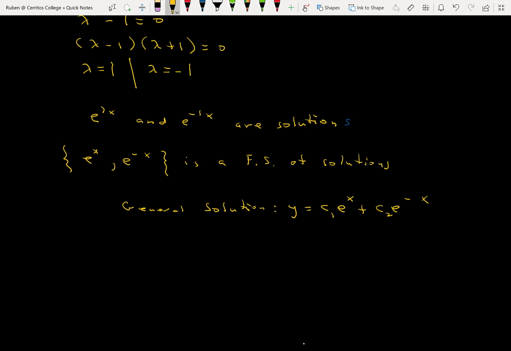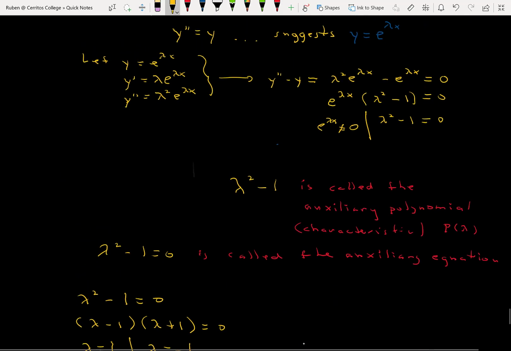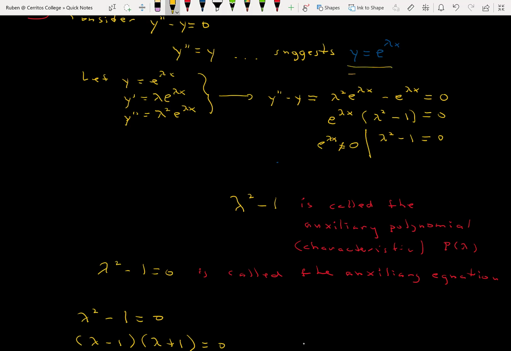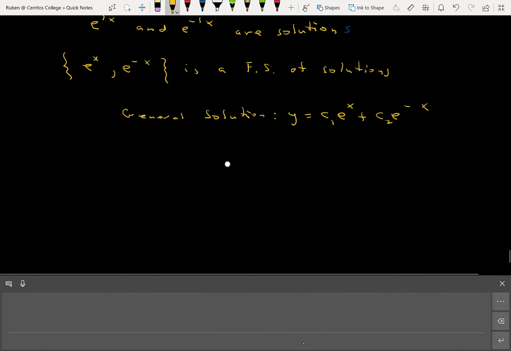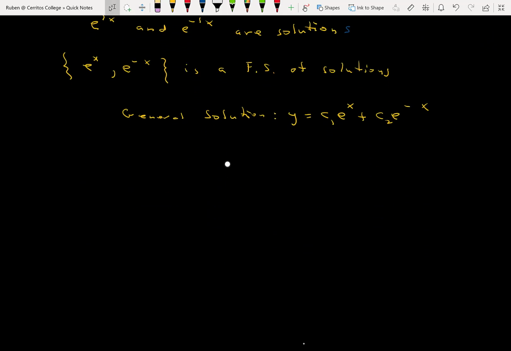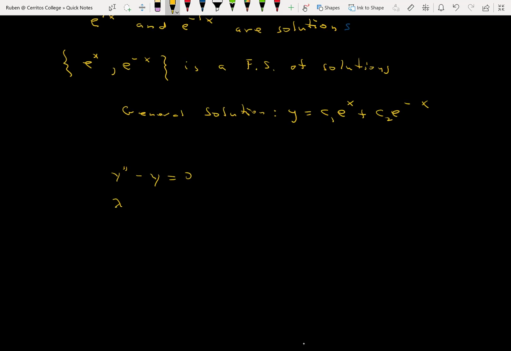So let's first see how we can maybe skip the initial step of identifying the solution as e to the lambda x. There must be a correlation between the original differential equation, y double prime minus y equals 0, and the auxiliary equation, lambda squared minus 1 equals 0.